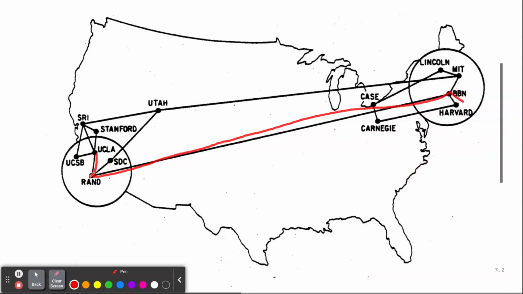So UCLA to RAND to BBN to Harvard. Another possible path could be for them to go to Stanford, SRI, Utah, MIT, BBN, and Harvard. And so there are a number of different paths that you could take through this network that can connect UCLA with Harvard.